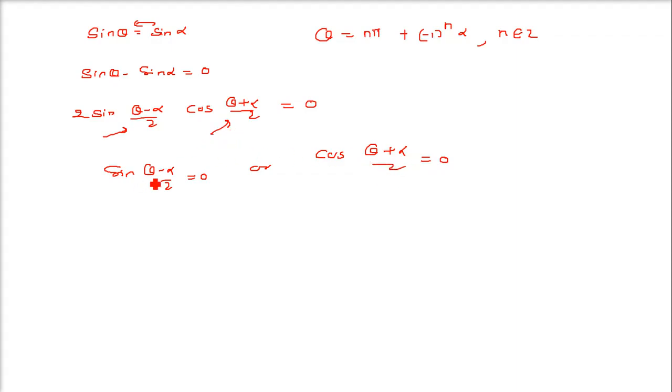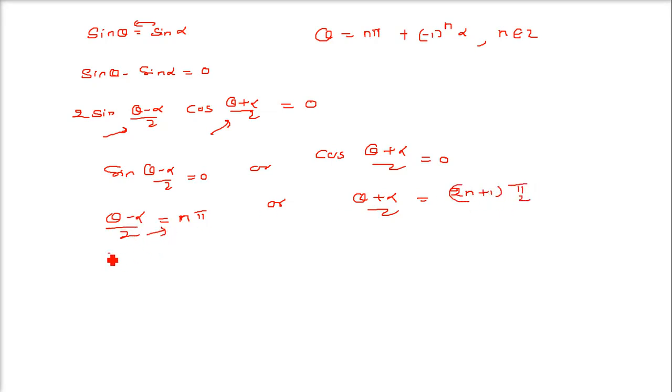When sine of say a equal to 0, we know that (theta minus alpha) by 2 will be equal to n pi, right? And here you get cos (theta plus alpha) by 2. That means this (theta plus alpha) by 2 has to be equal to the odd multiple of pi by 2. What do you get from here?